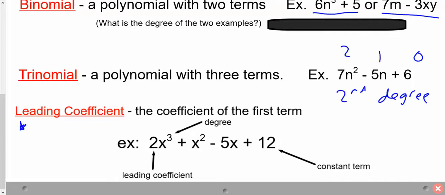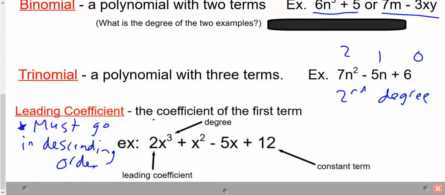So maybe you want to put in your notes, must go in descending order. What I mean by that is this is 3, this is 2, this is 1, that's 0 for your degree. So the leading coefficient is 2, and the constant term is the term without a variable attached to it.